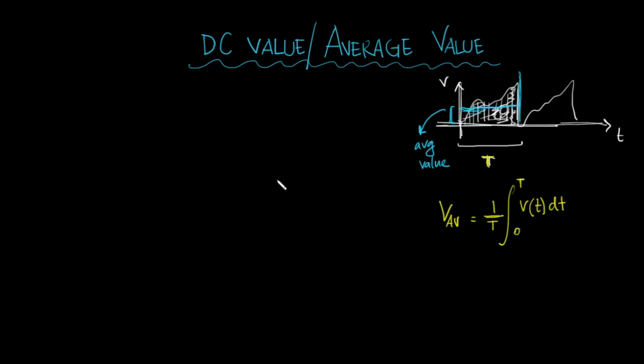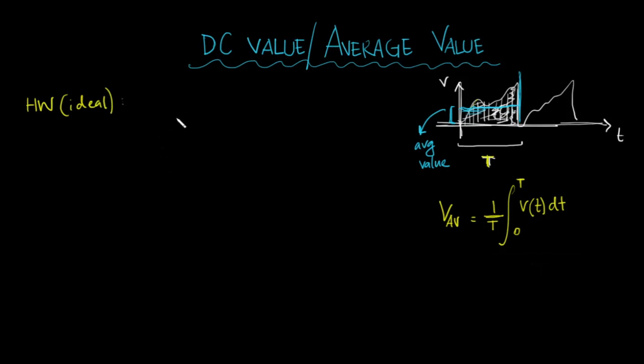So what is the average output voltage of a half-wave rectifier? We want to find that. What does the waveform of a half-wave rectifier look like? Let's first consider an ideal half-wave rectifier, a half-wave rectifier with ideal diodes.